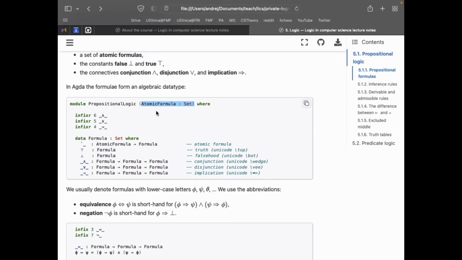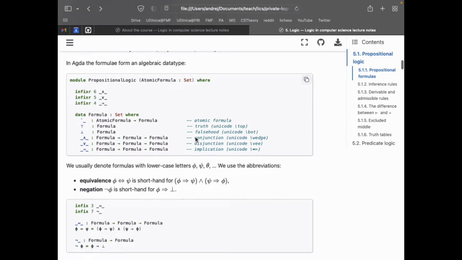But if you're modeling a computer system, then you would have some basic statements about your system, like the red light is on, the switch is on, the system is over here, it's over there, and then you would discuss which ones are true and which ones are false. And you would invent symbols for these statements.